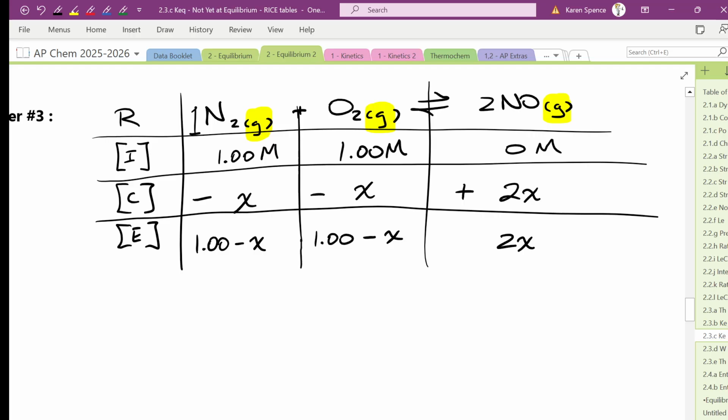Tool number 1, RICE table. Tool number 2, KEQ expression.